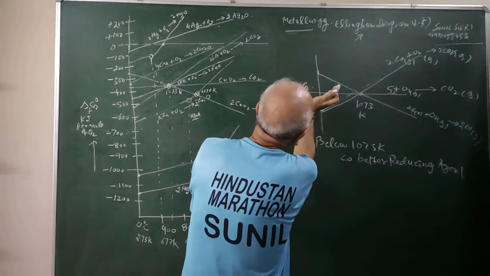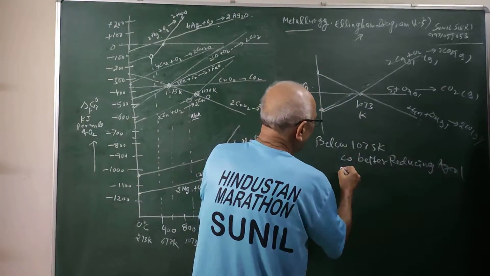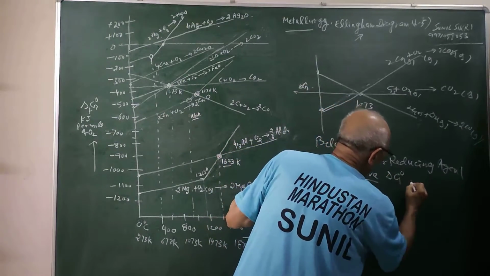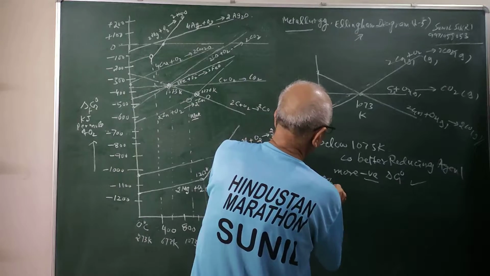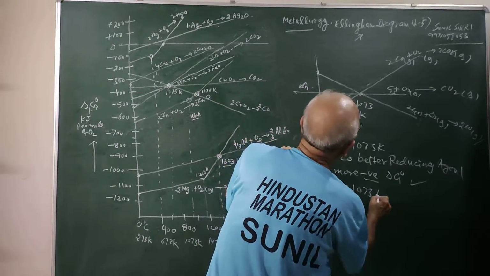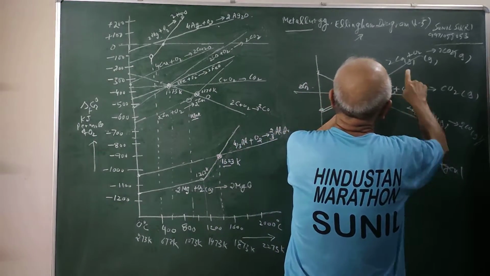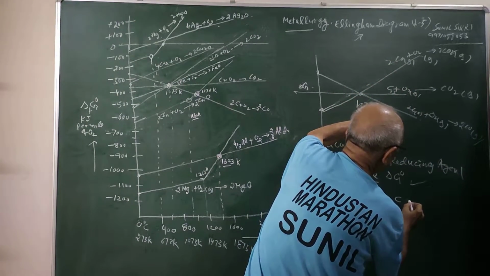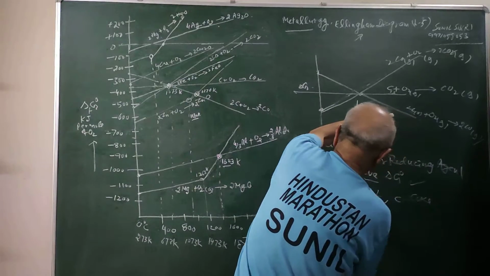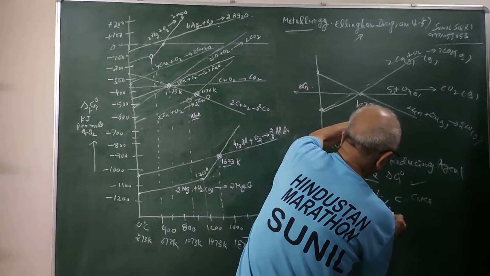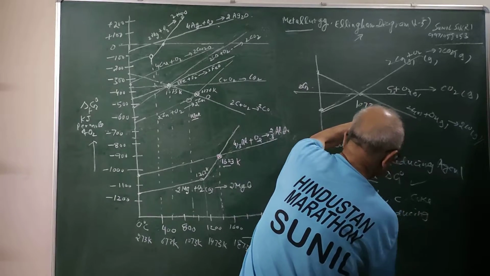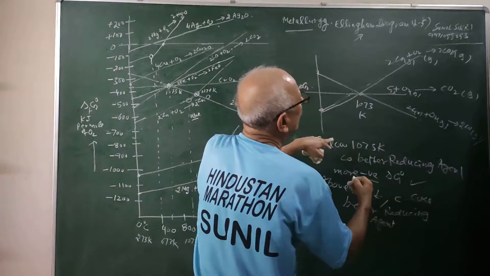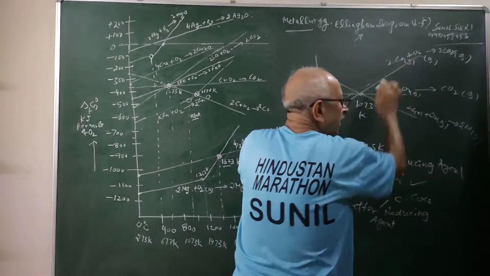Because this line is below this value, it has a lower value of delta G, it has more negative delta G. Above 1073 Kelvin, what is happening? The carbon, coke, is the better reducing agent. Because this value has come down. Now this is lower and this has gone up.